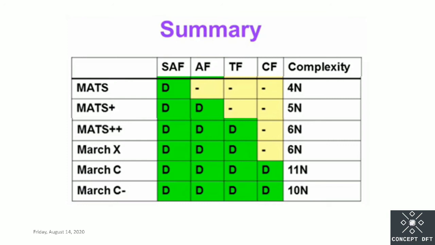Complexity is 10n. March C and March C minus detect all faults, where March C has complexity 11n and March C minus has complexity 10n. In industry, we prefer the March C algorithm to detect all faults instead of March C minus.